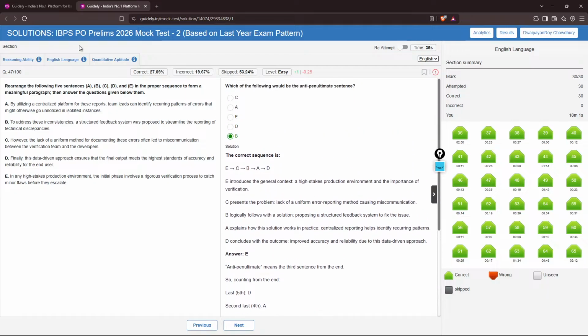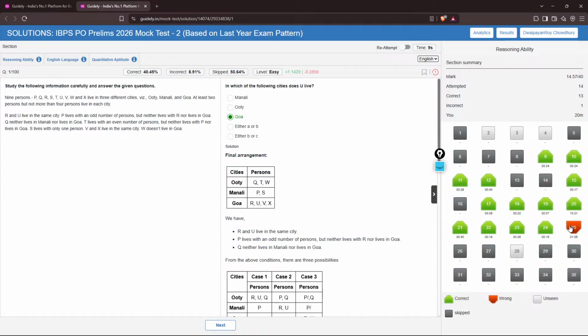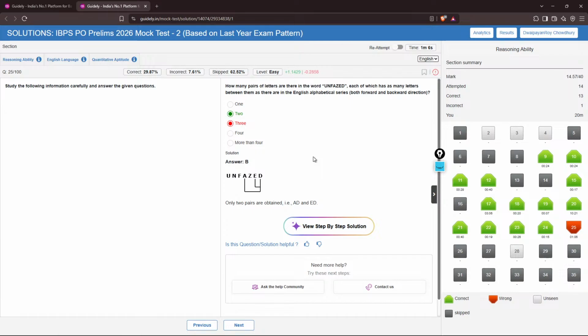Okay. And in reasoning, I think I have made one mistake. I'm not sure what's going on, but whenever I'm doing this, it's getting wrong. I have to do something about it. Okay, they have not taken that Z and I guess Z and something pair, which I took. It was supposed to be taken, right?